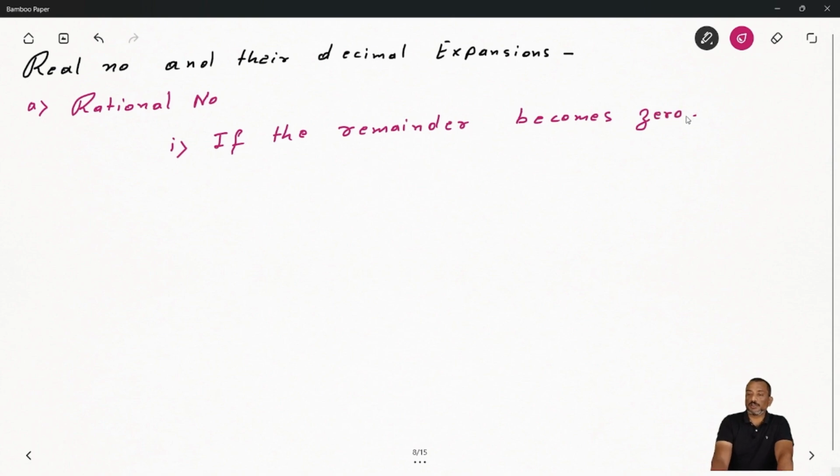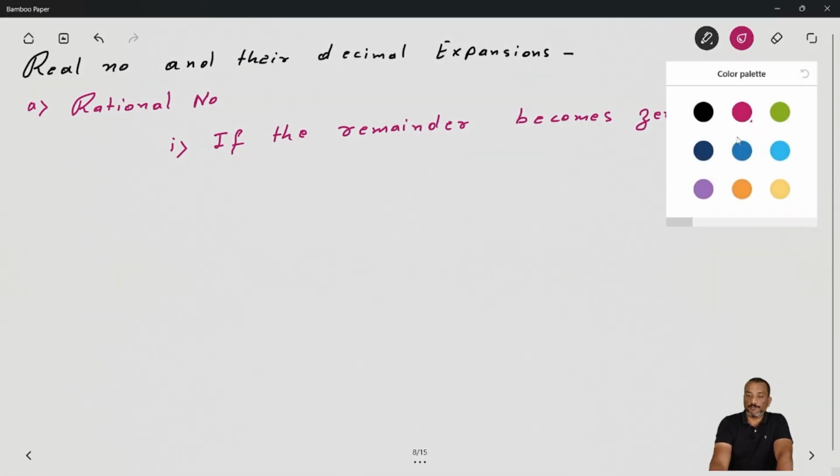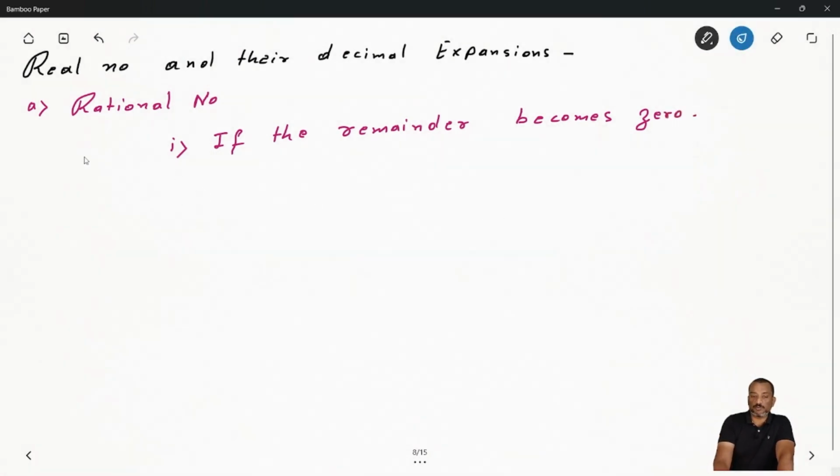Okay, so that type. What is that one called? Let me first show the example, and then I will tell you the name. Suppose we have taken any rational number, say 7 over 8. Here it is in the form of P over Q. So we will take it in the decimal representation. So how can we represent it?